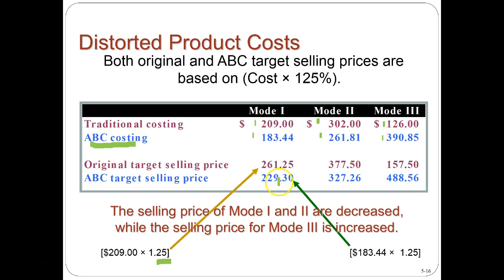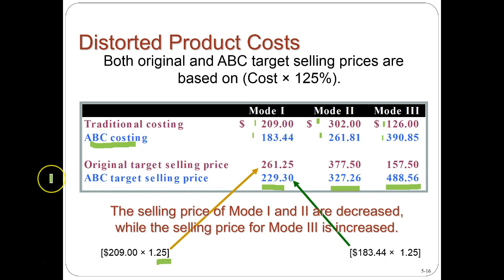So you notice the price is substantially different here. Activity-based costing is much lower in Model 1, and in Model 2 we have the original being higher than the activity-based costing. In Model 3, the activity-based costing is actually much higher.